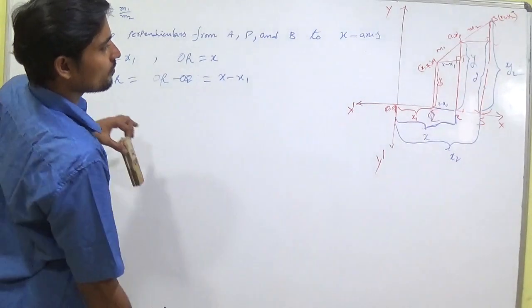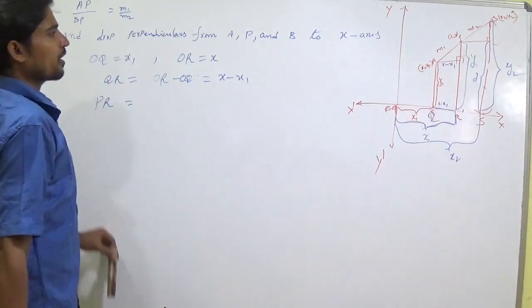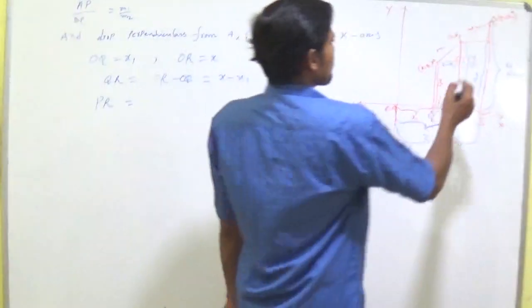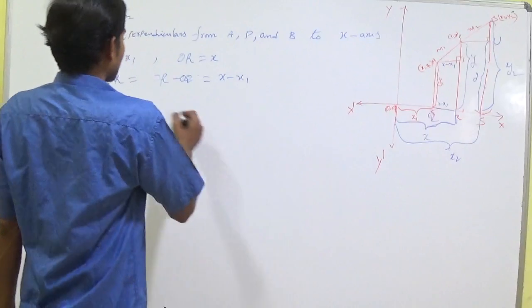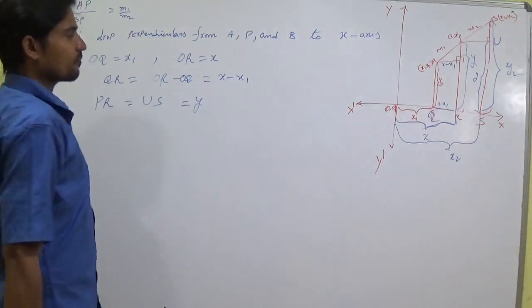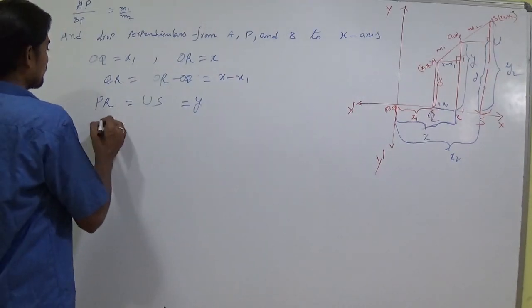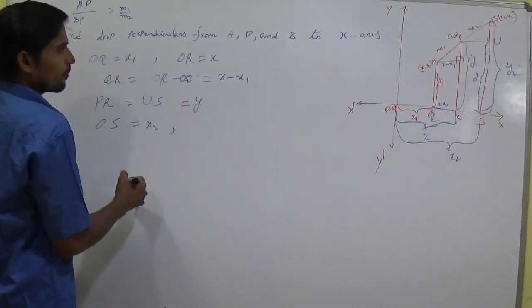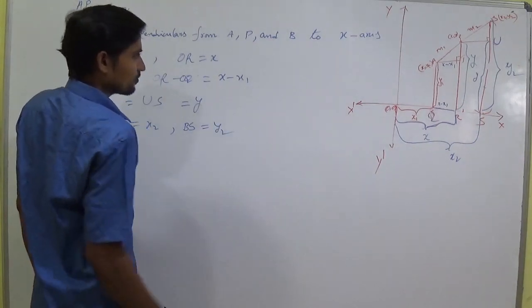Represent the values here. US is equal to y, OS is equal to x2, and BS is equal to y2.